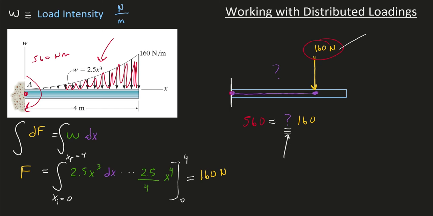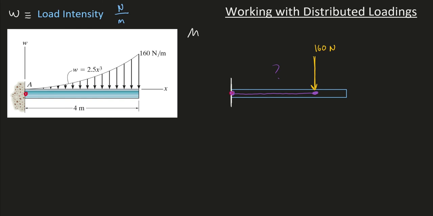So let's do this. How do we actually calculate the moment of this entire distributed loading about this point? So moment of a force is equal to that force times its lever arm. This is our nice simple 2D moment equation here. And to calculate one of the forces of our distributed load, remember we did dx multiplied by the W at that x, and that got us the little bit of force at that x.